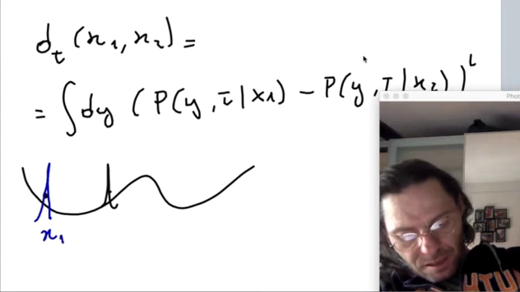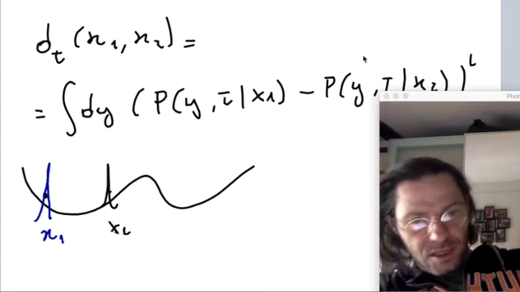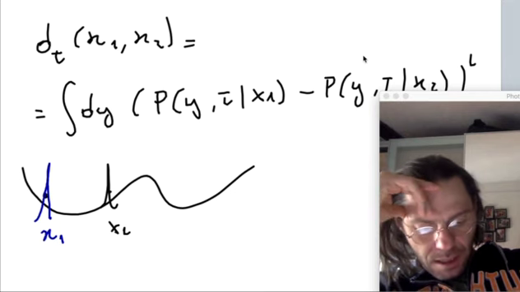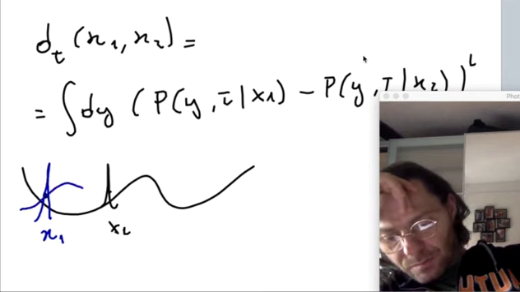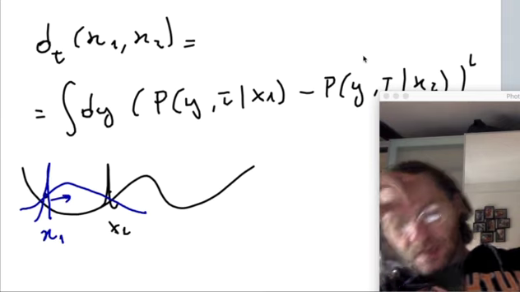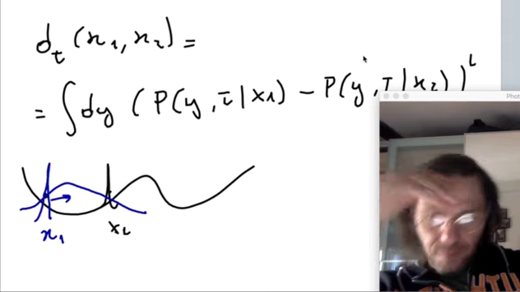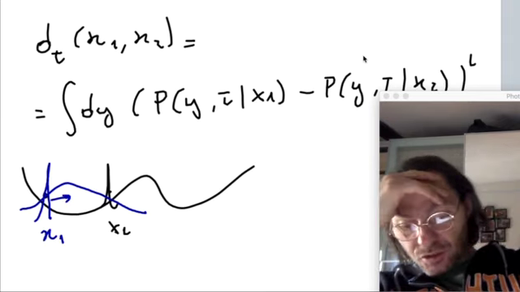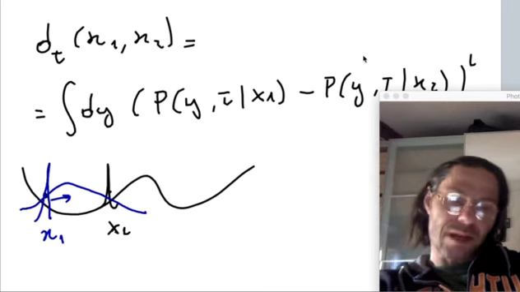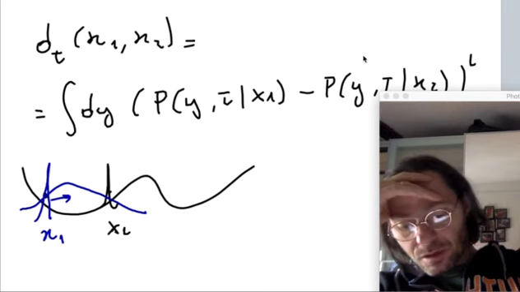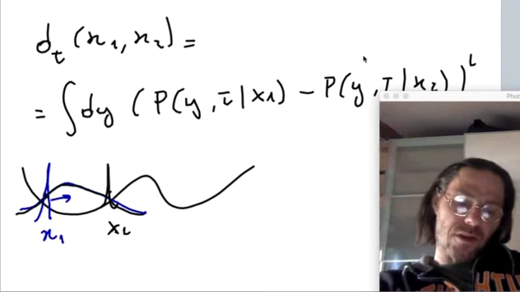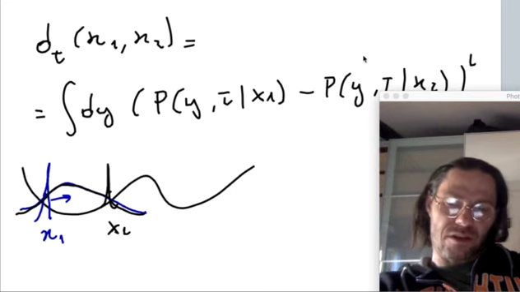Then from x1, I wait time tau, and after a time tau, x1 has become locally a Boltzmann distribution. Similarly, from x2, I run many simulations, and after a time tau I converge to the same distribution, because the time tau is sufficient to achieve local thermalization.